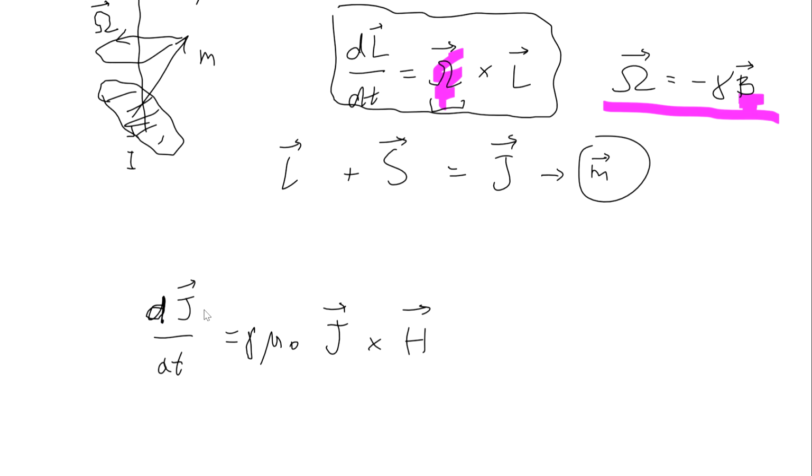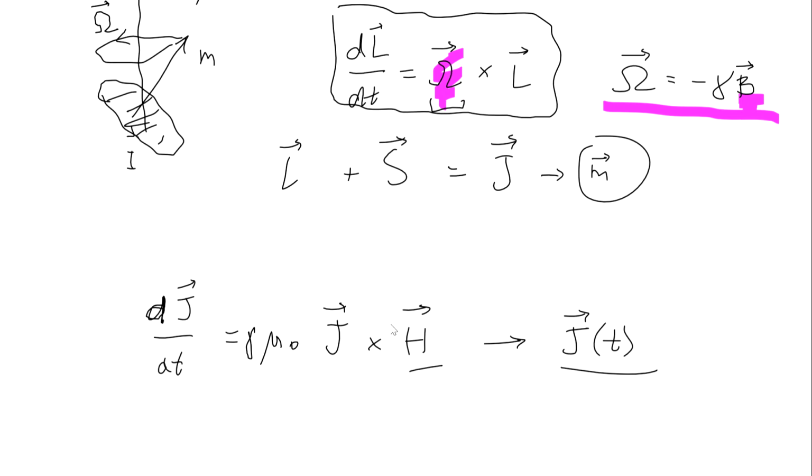Now, this is a differential equation. If you know H, then by solving this equation you get J as a function of time, because here is a time derivative. It is a differential equation that gives you time dependence. What it means is that you will know where your vector J points as a function of time.